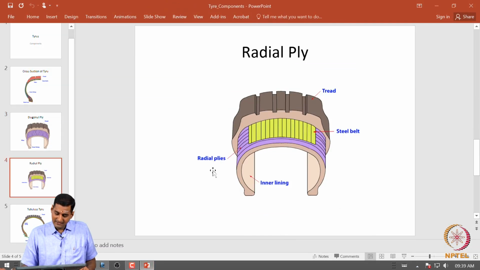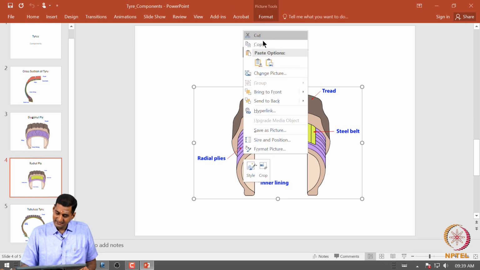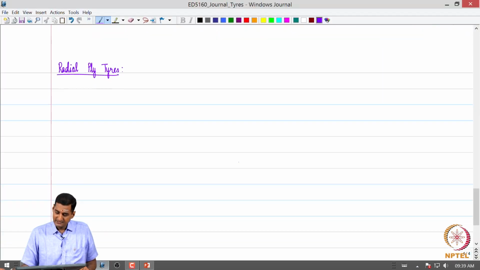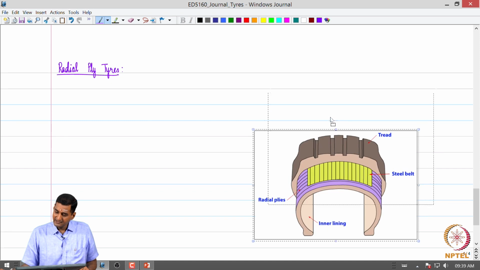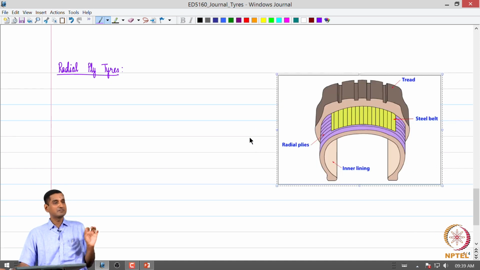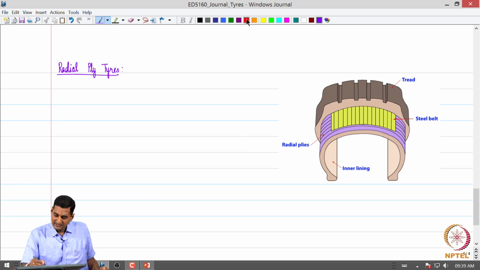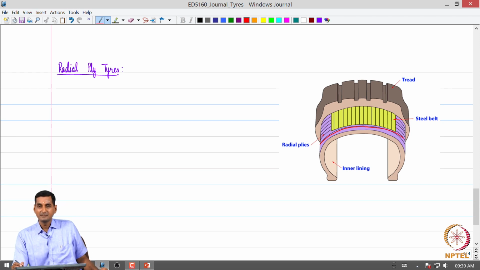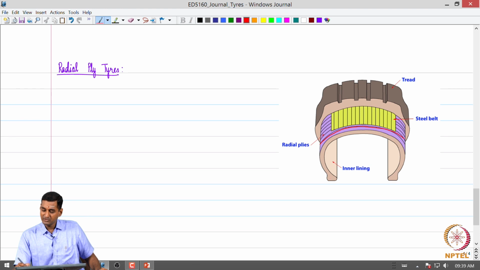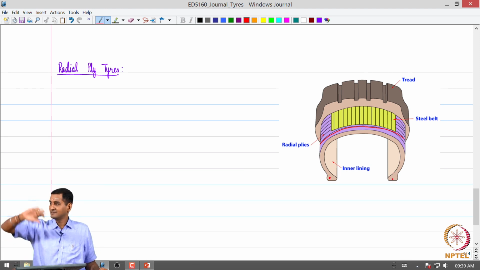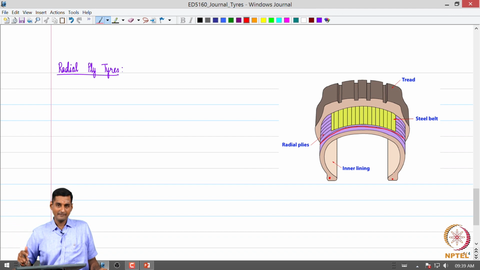As the name indicates, in this construction the cords or fibers of the plies run radially. Each cord is not crisscrossed to the others, but runs from one bead to another along the radius of the tire. That is why this is called a radial ply tire.